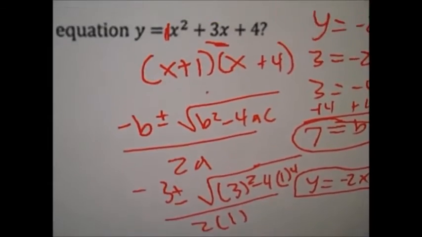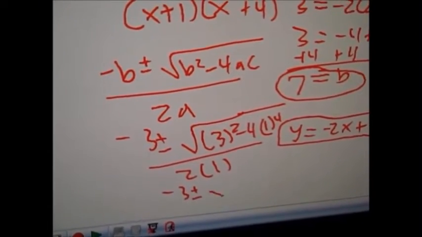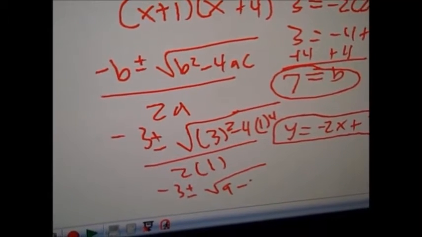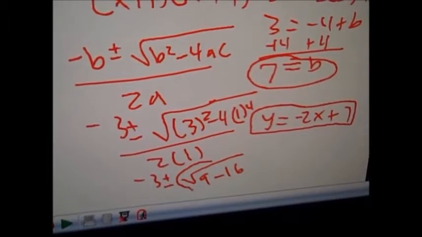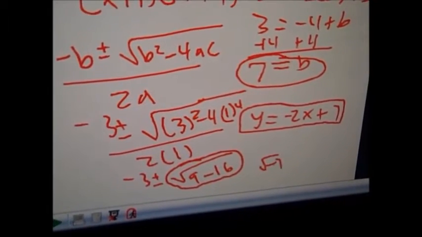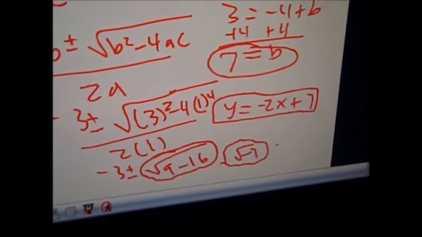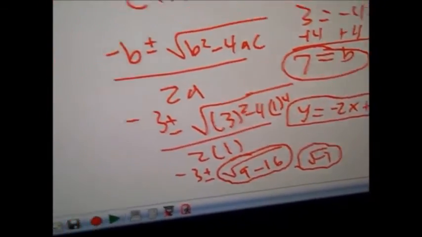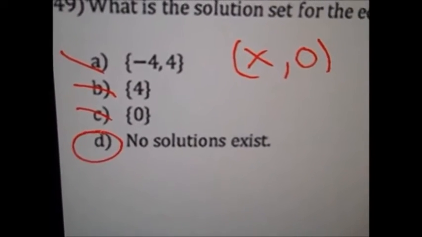A is 1. So negative 3 plus or minus square root of 9 minus 16. Well, there's a problem right there. You can't take the square root of a negative number. 9 minus 16 would be negative 7. You can't take the square root of a negative number without getting involved with the imaginary numbers. So far, none of these will work. That means there are no solutions.